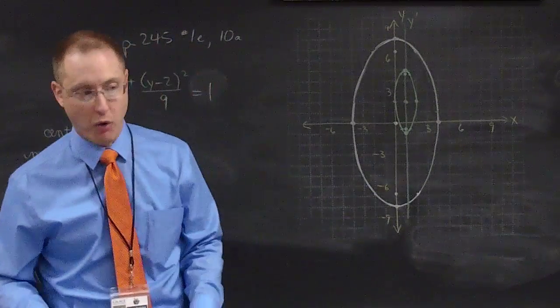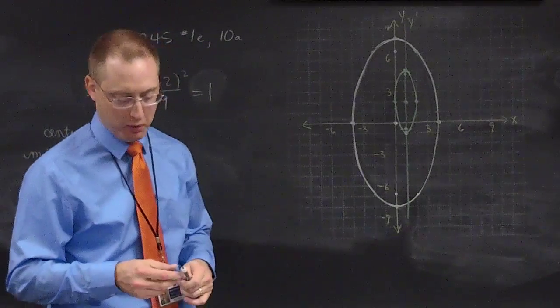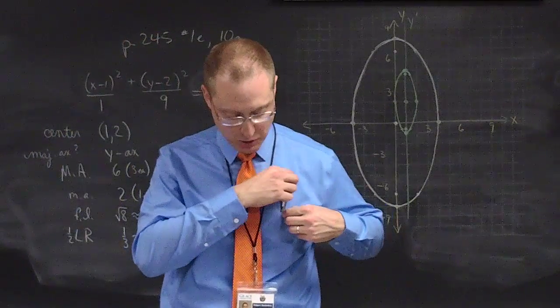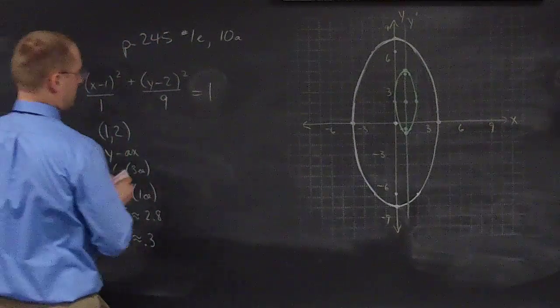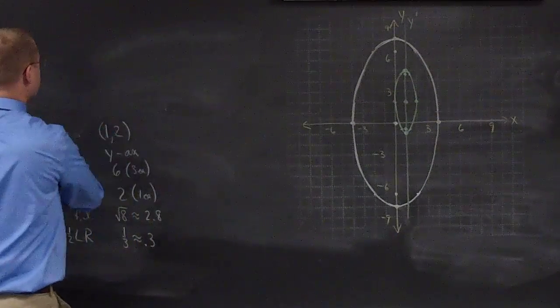Tomorrow we'll get into how to go from a full conic form to the elliptical form. We'll save that for tomorrow. Let's go and wrap up by doing 10B now. They're on page 245.